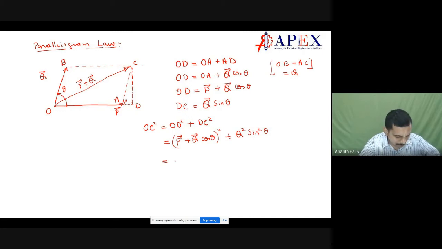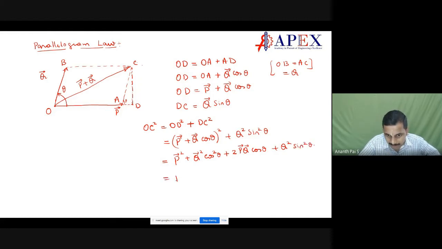Let us open this up. When you open this up, you get P square plus Q square cos square theta plus 2PQ cos theta plus Q square sine square theta.